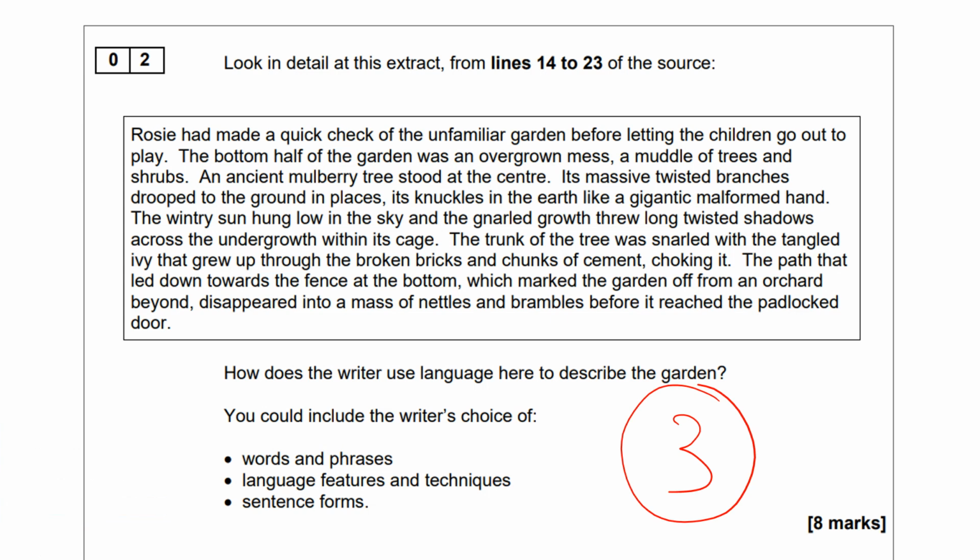So I would look at my extract and I would do the following. I would grab my highlighter and I would highlight the focus of the question, which is the garden. I know that's what I'm going to be focusing on, and I know that's what I need to choose quotations to support. So let's have a look at this extract here.